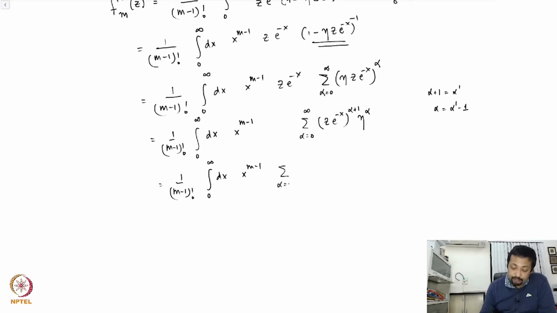I'm going to have alpha equal to 1 to infinity, z e to the power minus x raised to the power alpha, and then eta to the power alpha minus 1.